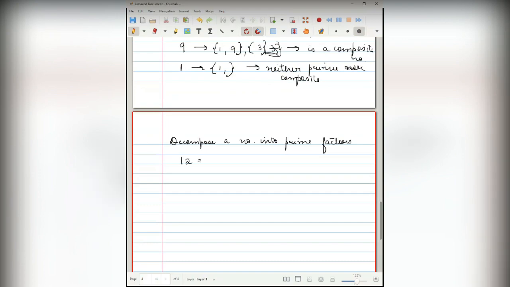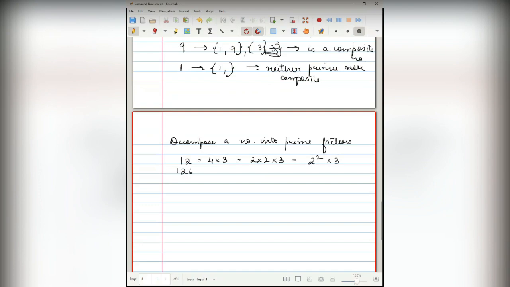We don't write 1 here because anything multiplied by 1 will be itself. Let's say you don't know anything. We can write 12 as 4 into 3, right? Now 4 can be decomposed, 2 into 2 into 3. Now this can be written as 2 square into 3, right?